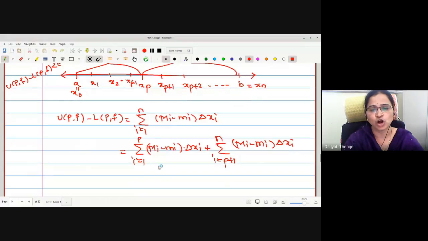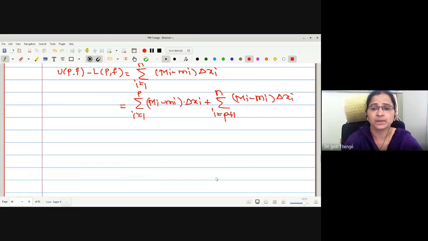Now, the job is to prove that the sum of these two summations is less than epsilon. Therefore, what we are trying to show is that the value due to the first sum is less than epsilon by 2, and the value due to the second sum is also less than epsilon by 2. Now, what about capital Mi minus small mi?